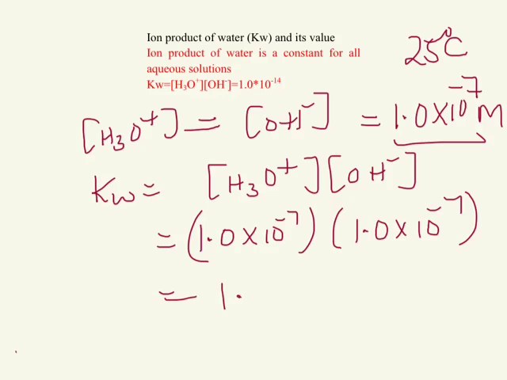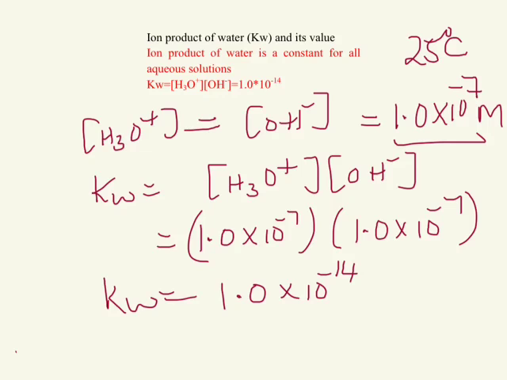If you multiply these two, it is 10 to the negative 14th. So the product of H3O+ and OH- is a constant, Kw, and its value is 1.0 times 10 to the negative 14th at 25 degrees Celsius.